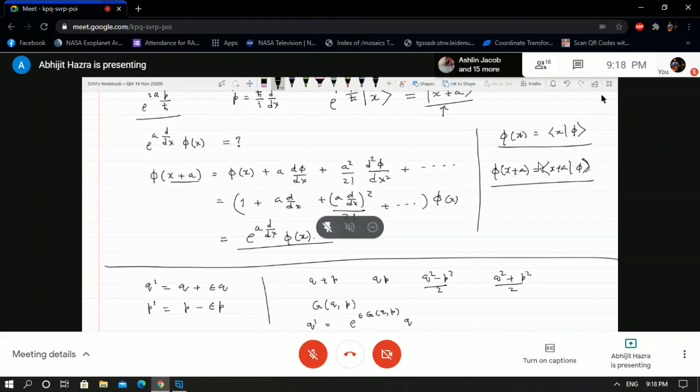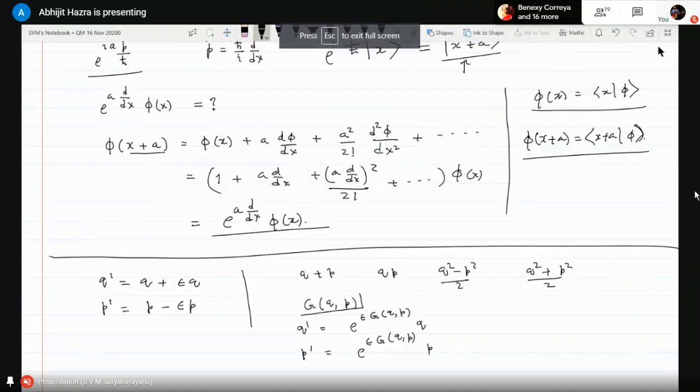P prime can be written as e to the power epsilon g of p. So this is called the generator.